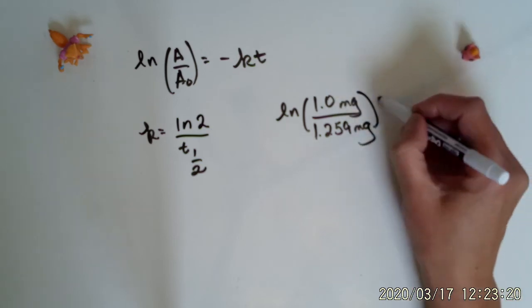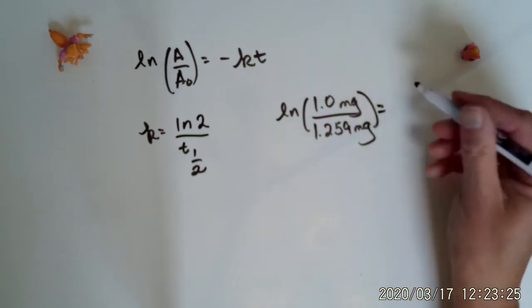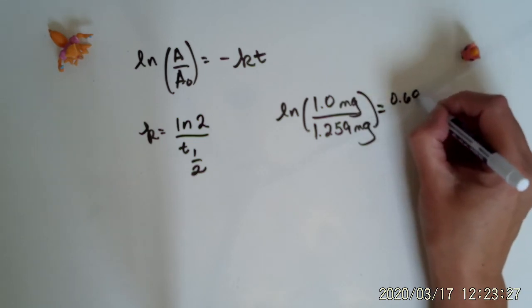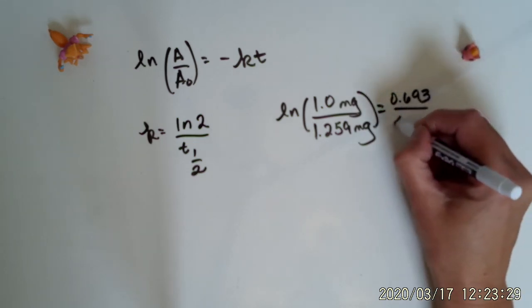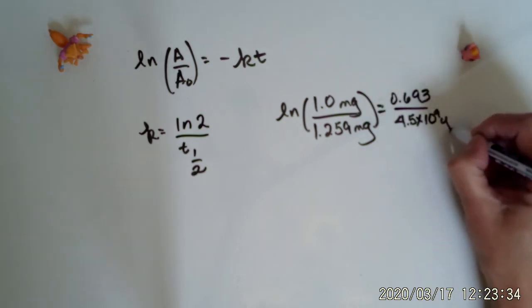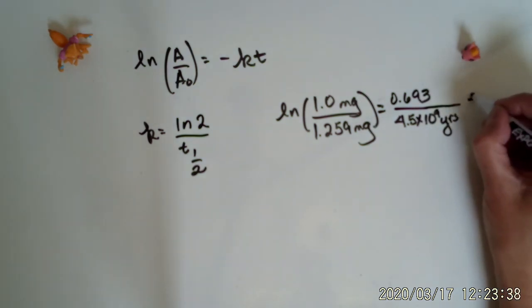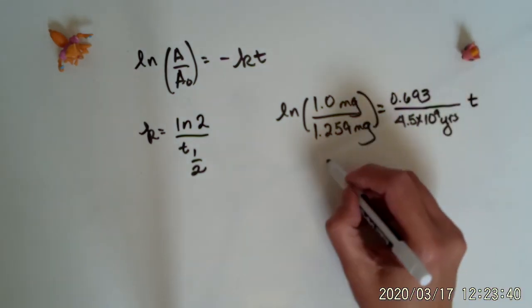So A over A naught is equal to, and K is equal to 0.693 divided by 4.5 times 10 to the 9th years. That's how long it takes for my half-life, times T, which is going to be the age of my rock.